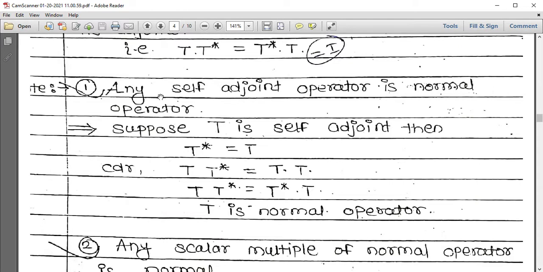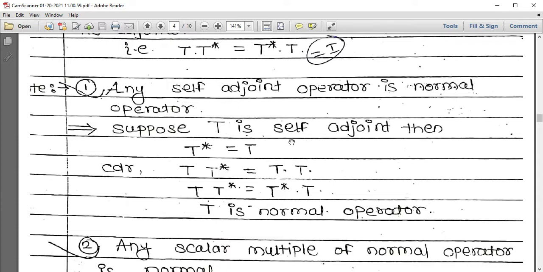First one: any self-adjoint operator is a normal operator. How? Look here. Suppose T is self-adjoint.